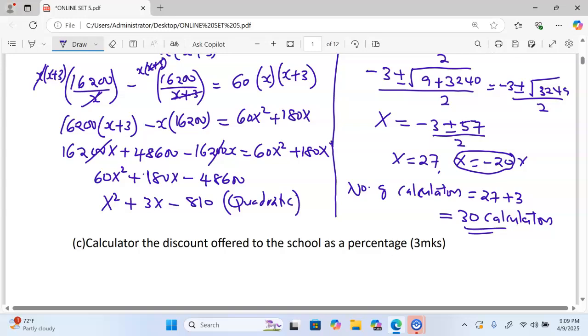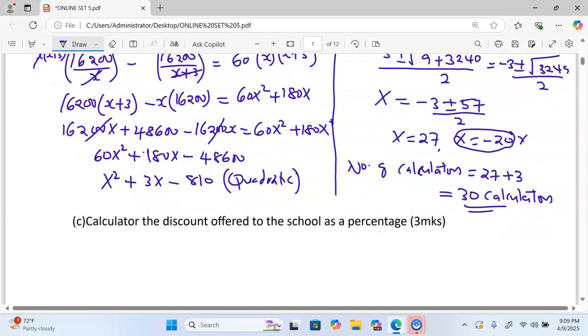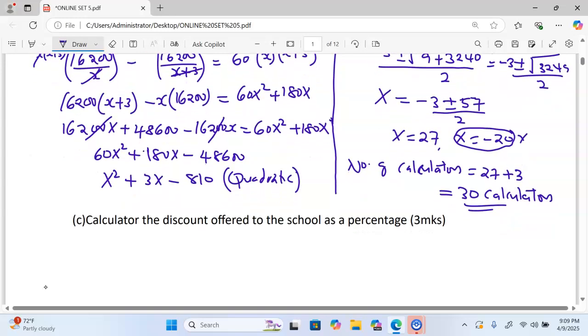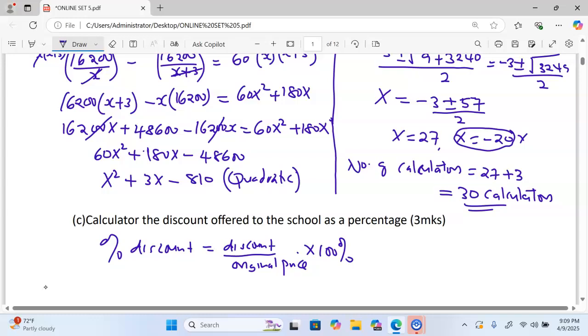Part C, we are supposed to calculate the discount offered to the school as a percentage. So we know percentage discount is usually given by the discount, you divide by the original price, multiply by 100%.